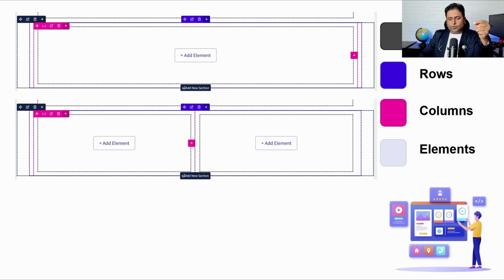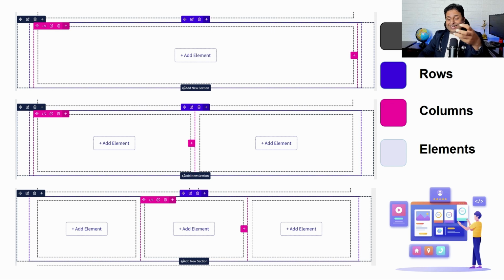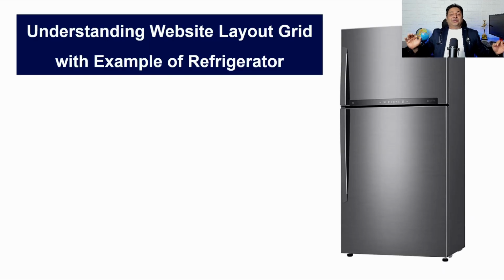So this is one group on the top. Here we have one section, one row, sorry, two columns and two elements. Here are three columns and three elements. You can see that pink color thing, right? Don't worry, this is where I want to confuse you more so that you can get more clarity in the next slide.